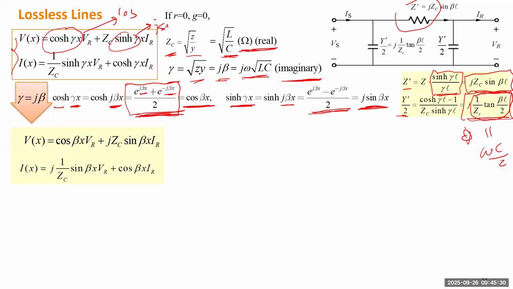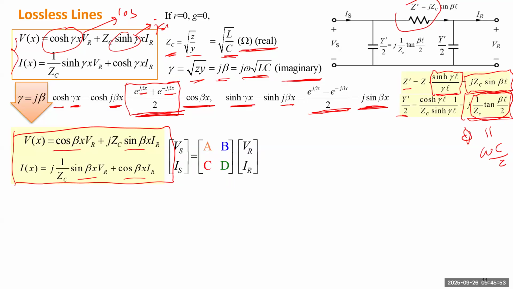All right, so immediately we have those two formulas describing the voltage and current changing with the distance on the power line without any loss. You see here we have changed all the hyperbolic functions to sine or cosine functions.